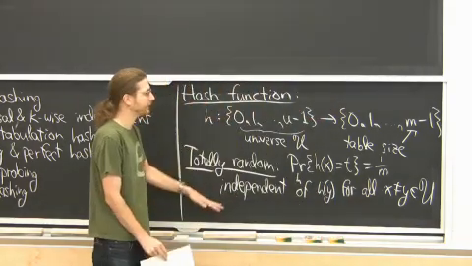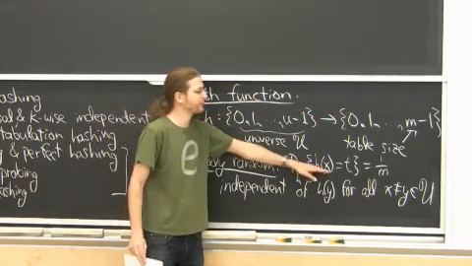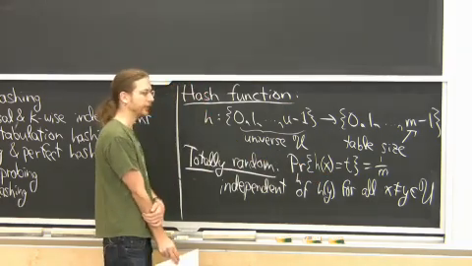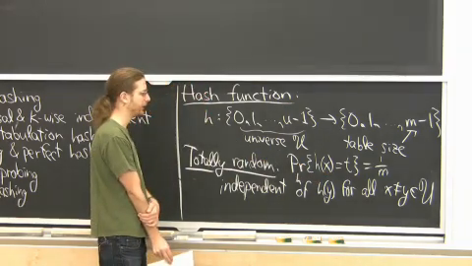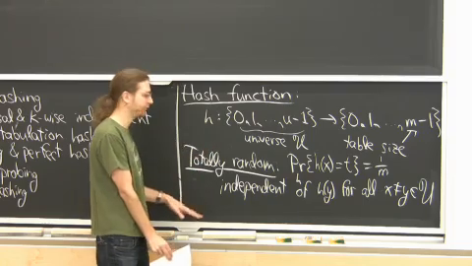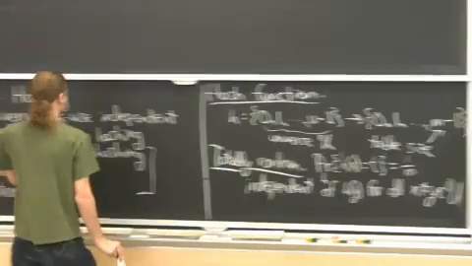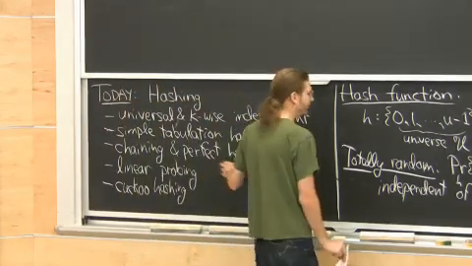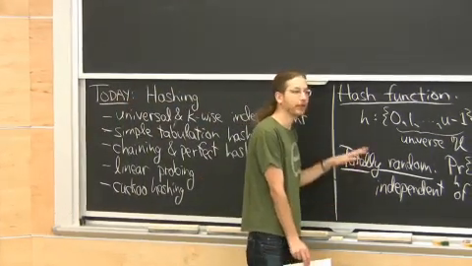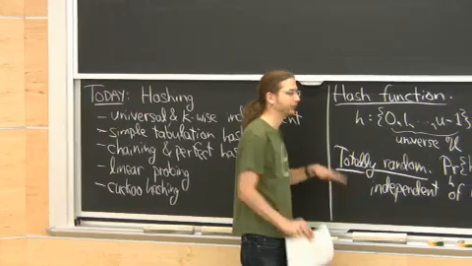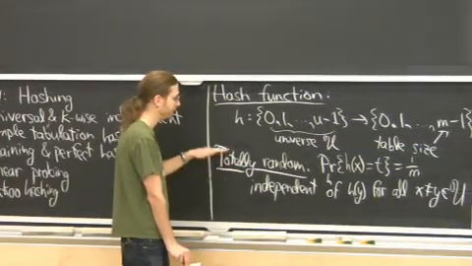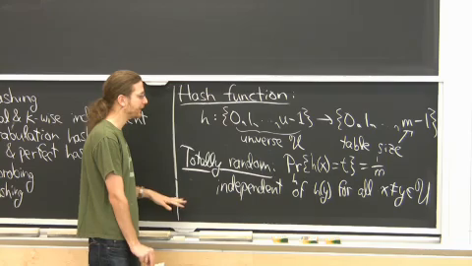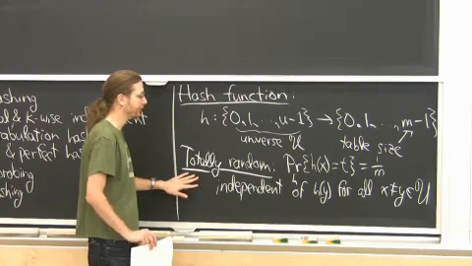So this would be ideal. You choose each h of x for every possible key randomly, independently. Then that gives you perfect hashing. Not perfect in this sense, sorry. Gives you ideal hashing. Perfect means no collisions. This actually might have collisions, right? There's some chance that two keys hash to the same value. We call this totally random. This is sort of the ideal thing that we're trying to approximate with reasonable hash functions.